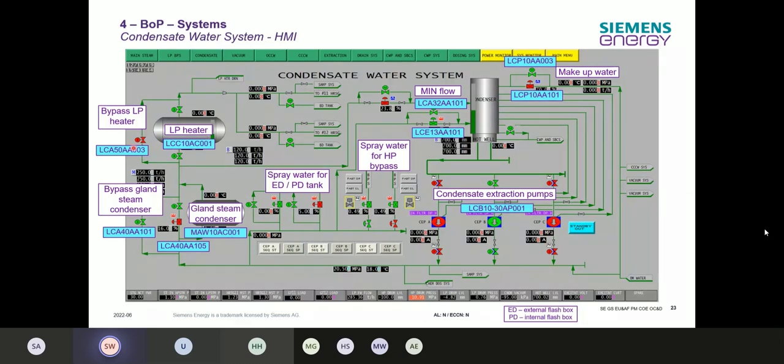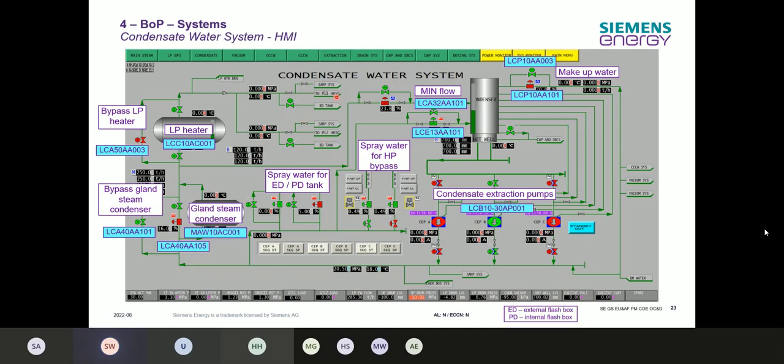You have a bypass for it when there's any problem with the LP heater, and from there it goes over here to the sampling system, boiler 11, boiler number 12, and to the BD tank.